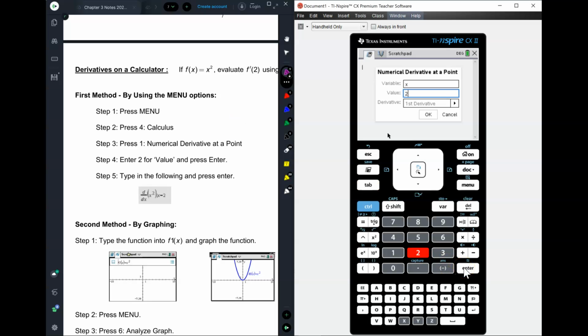Press enter. It gives you this template. Do you see that vertical line there? This is what I was showing you guys last time. Evaluated at x equals 2. Now, what is the function? x squared. Type in x squared and just press enter and it gives you a 4. So did all that work?